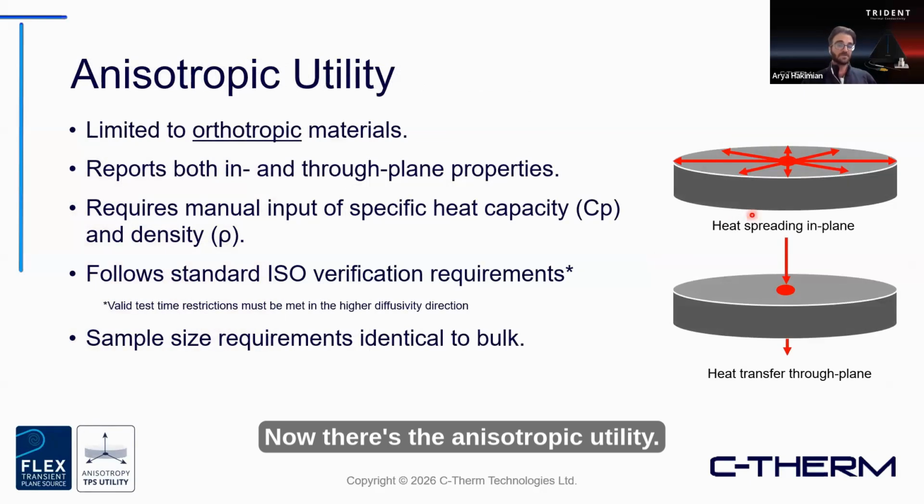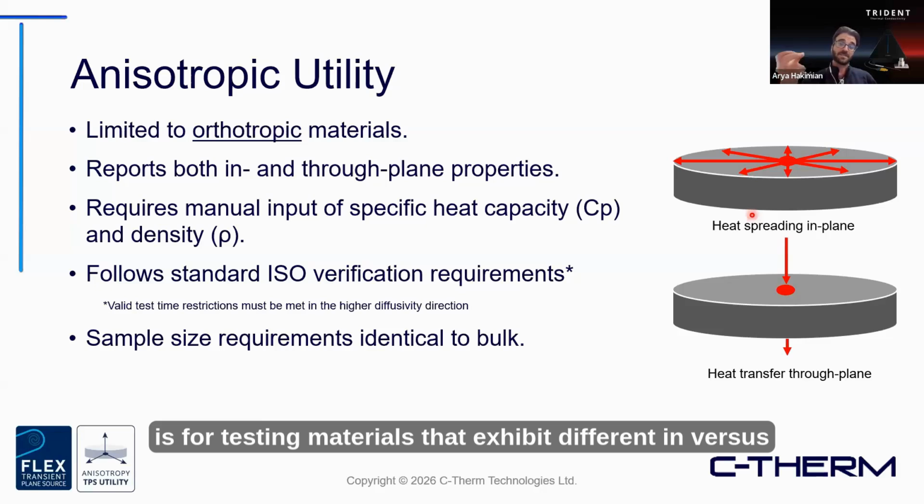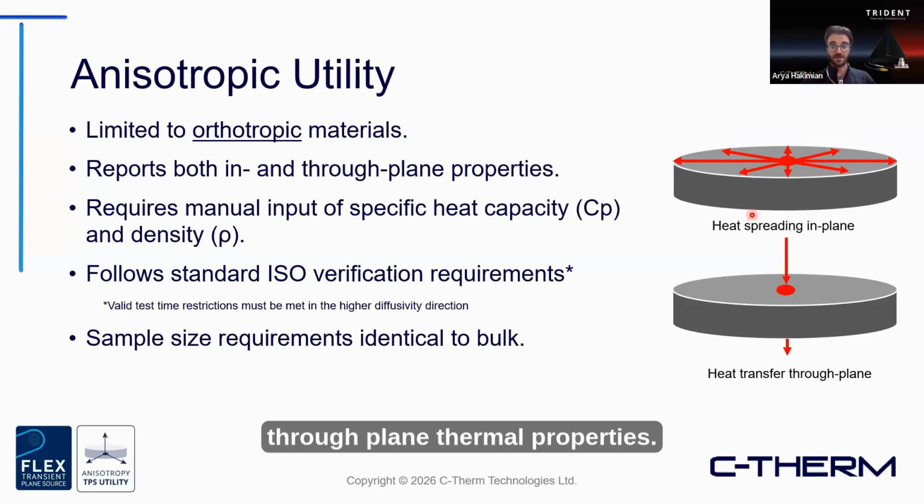Now there's the anisotropic utility, and this, as you can tell from the name, is for testing materials that exhibit different in-plane versus through-plane thermal properties. One thing to flag for the anisotropic utility is that it does require that the material is radially symmetrical.